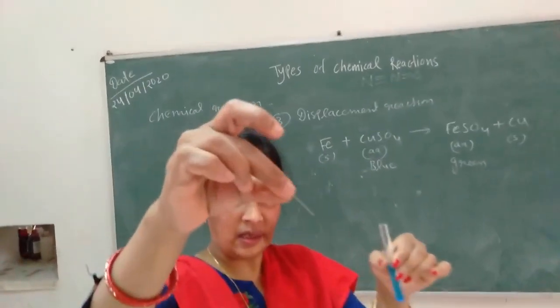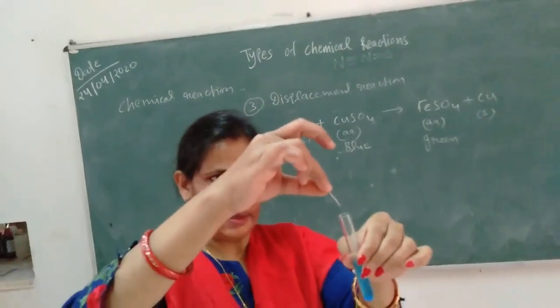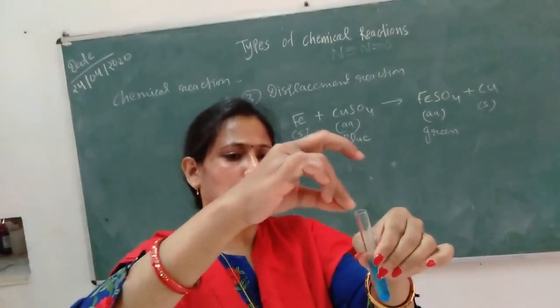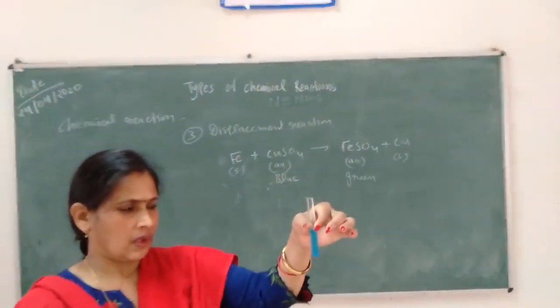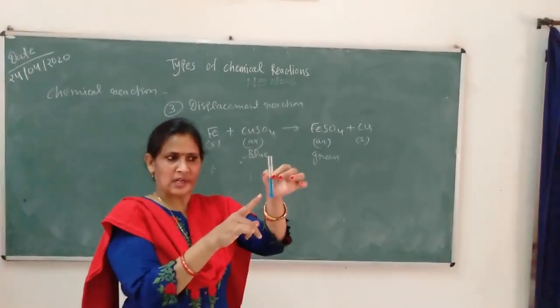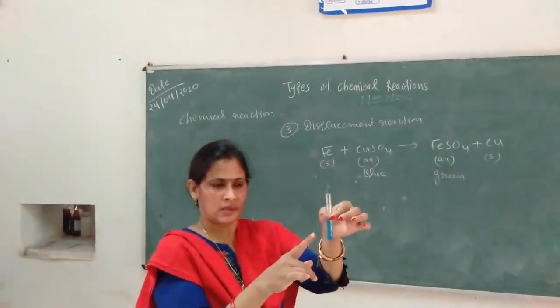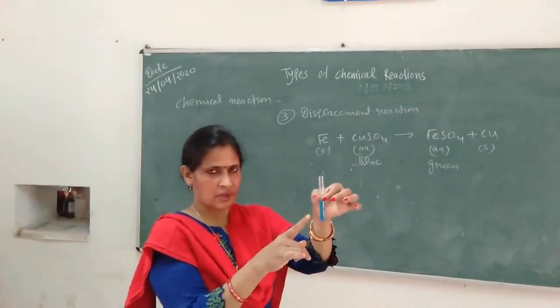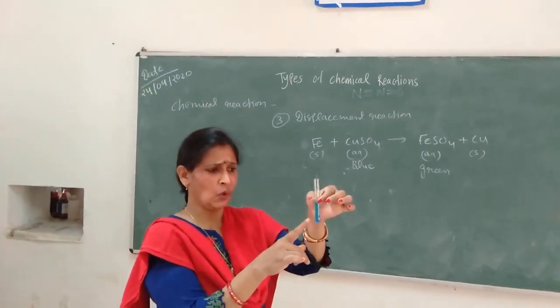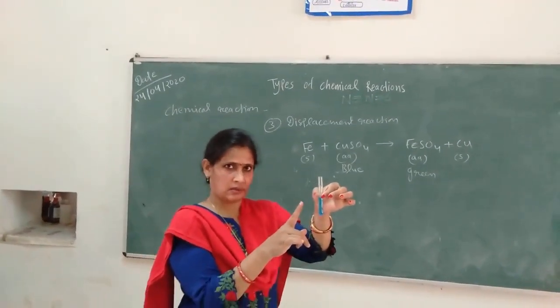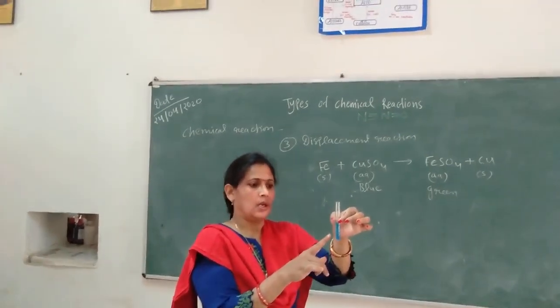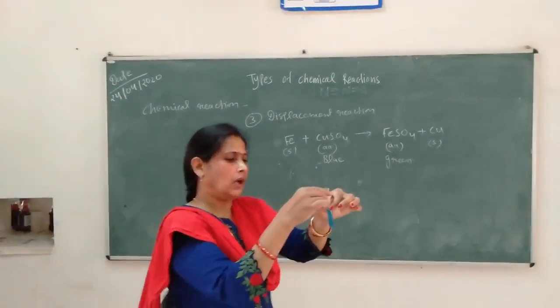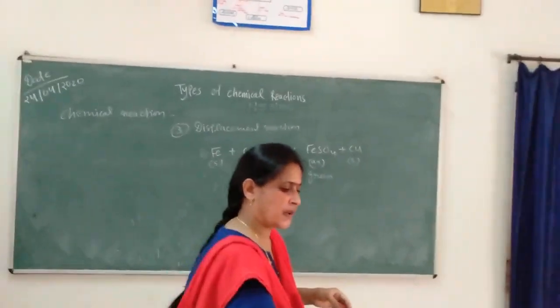This is an iron nail in this test tube. This experiment needs at least 3-4 hours for the completion of this reaction. So after 3-4 hours, I will show you this experiment.